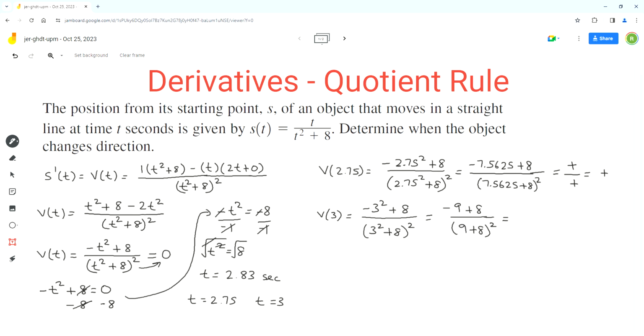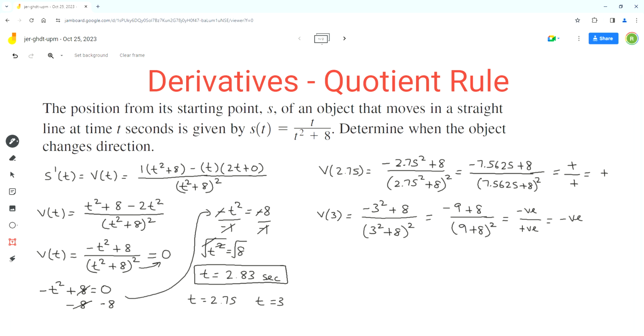In the numerator, negative 9 plus 8 gives us a negative value, so we get a negative in the numerator and positive in the denominator. So the velocity is negative to the right side of the value we got. That means at t equals 2.83, the velocity changes direction from positive to negative. So t equals 2.83 seconds is our answer for this problem.